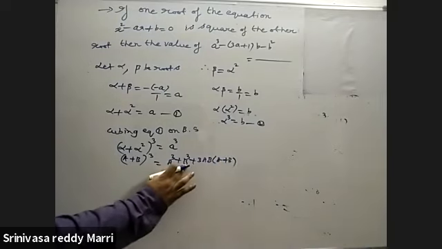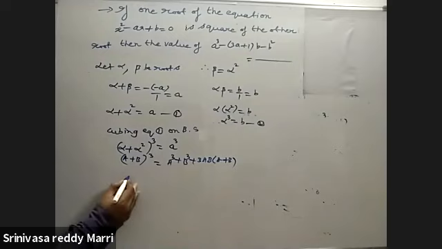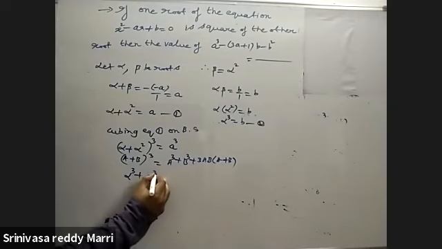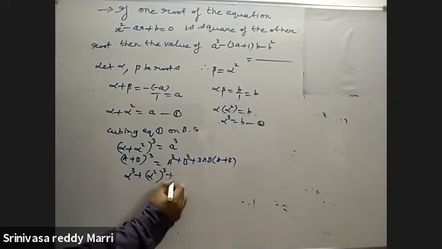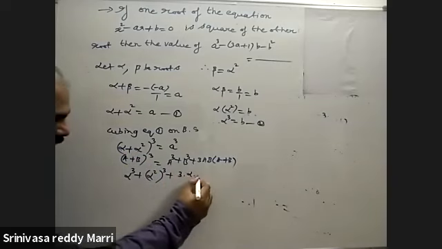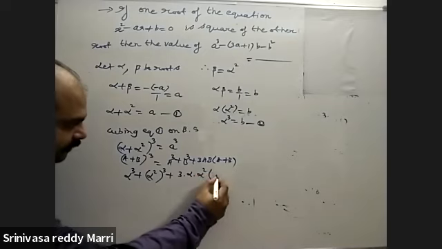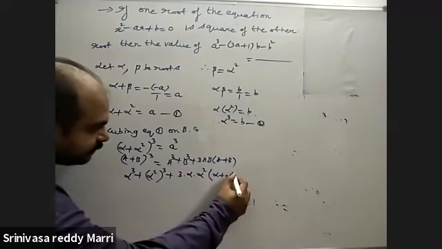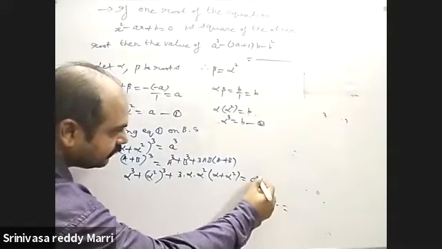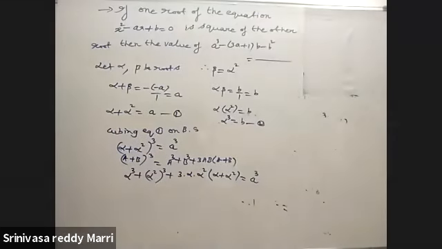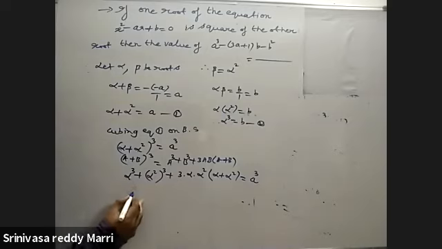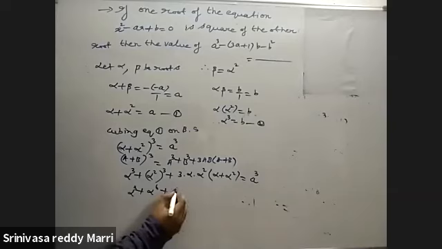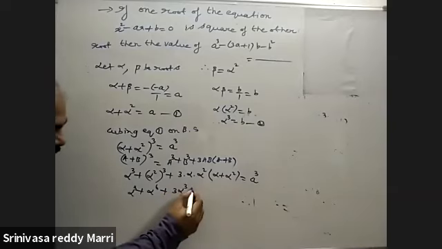That means A cube plus B cube plus 3 into A into B into A plus B. A means alpha, B means alpha square. Now look, this is alpha cube plus alpha power 6 plus 3 alpha cube into alpha plus alpha square, which is nothing but a cube.